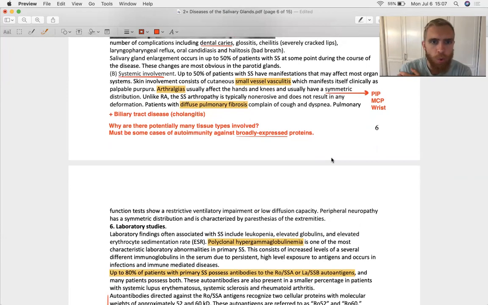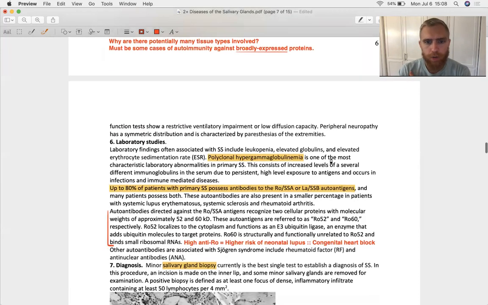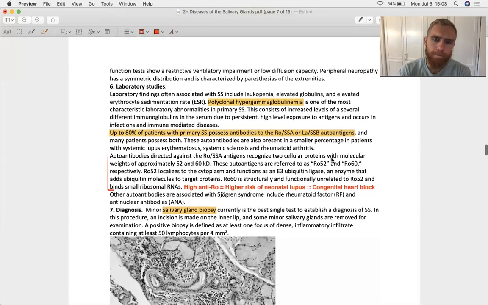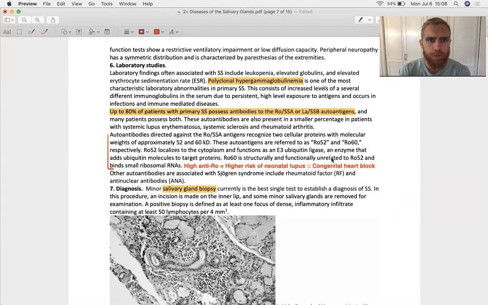And we don't quite know why some patients only have dry mouth. Some patients have dry mouth and really bad breathing and arthritis. It's just because the nature of autoimmunity is so multifactorial, we can't fully explain why things happen in the timeline or sequence that they do. It's different from person to person.